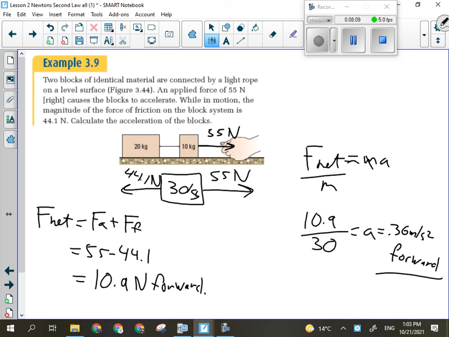I know the acceleration of the 20 kilogram block. I just calculated it. Every part of that system is accelerating at 0.36 meters per second squared forward. Could I calculate the net force on just that last block? I could. And as long as I knew the force of friction acting on that block, I'd be able to calculate the rest of it.